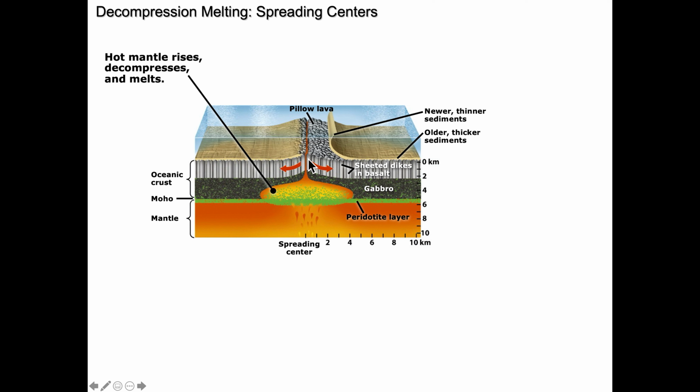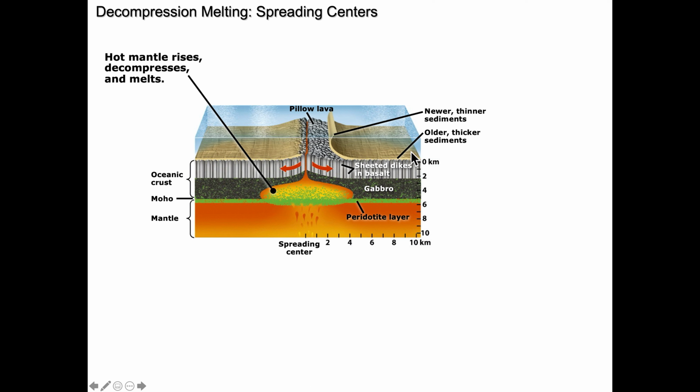If the magma works its way up into the ocean crust itself, it's going to produce a series of sheeted dikes. Lots of dikes, billions and billions and billions of them, are going to be fused together, forming new ocean crust.